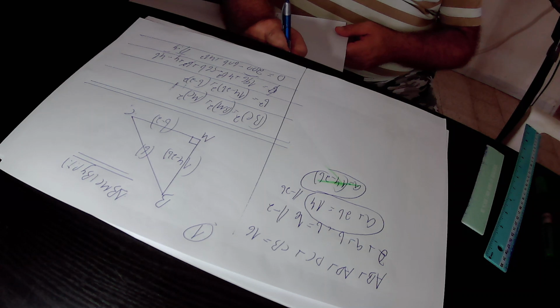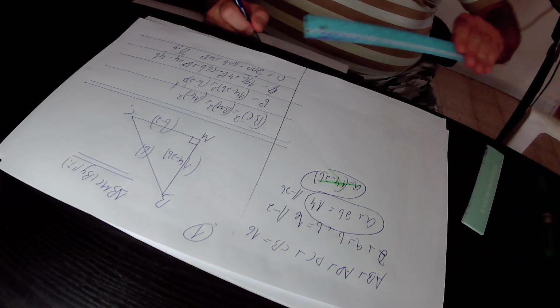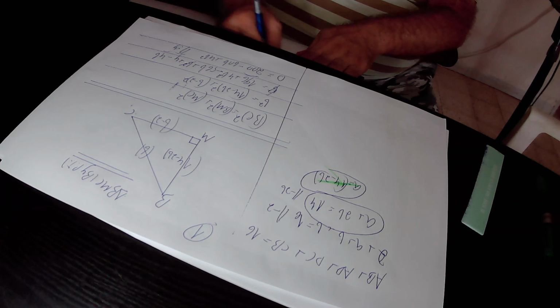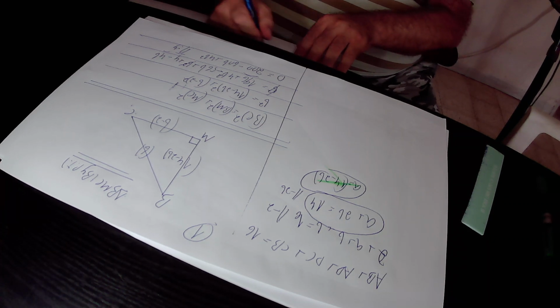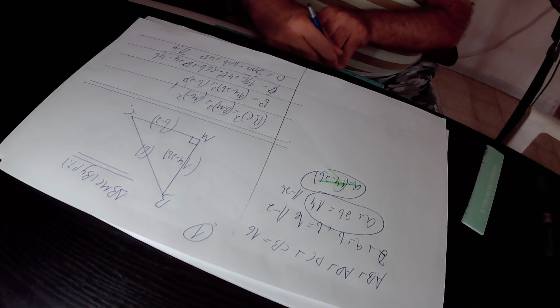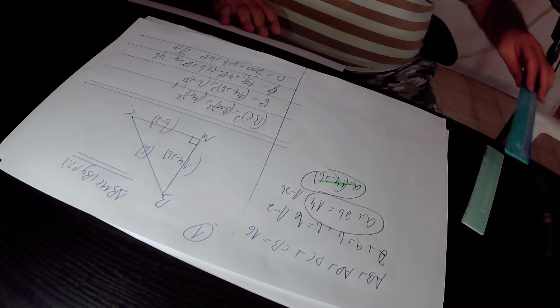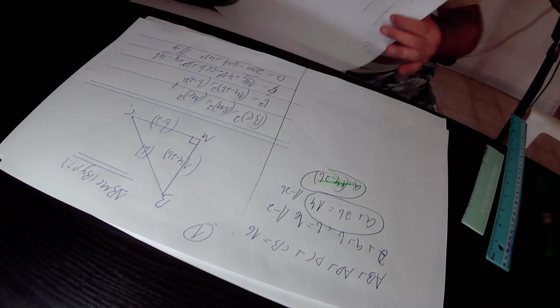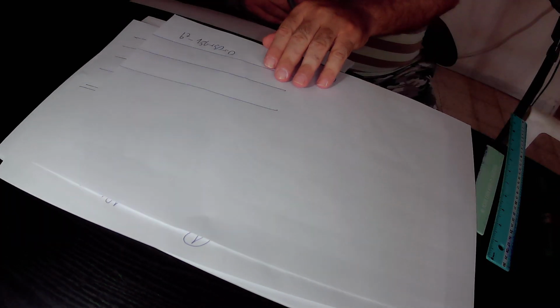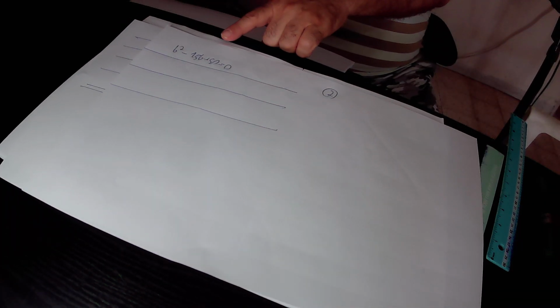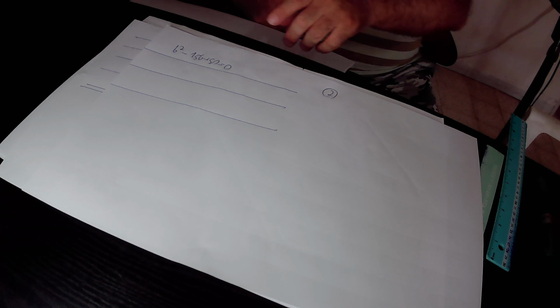And 200 over 4 is 50. And it equals 0 over 4, which is 0. So in total we found that b squared minus 15b plus 50 equals 0.